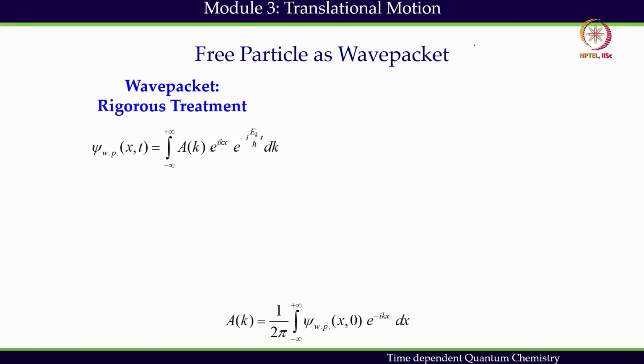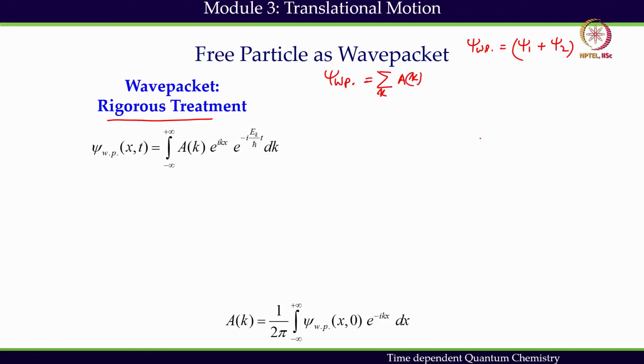Previously, what we did, we prepared the wave packet with the help of adding two matter waves. But a free particle can have any energy, and that's why one can propose that a more rigorous mathematical treatment should represent a wave packet as a summation of terms with amplitude a.